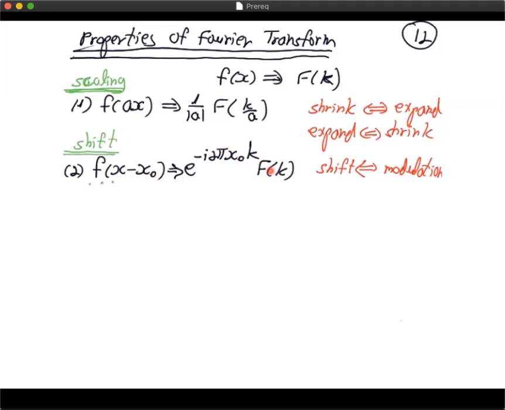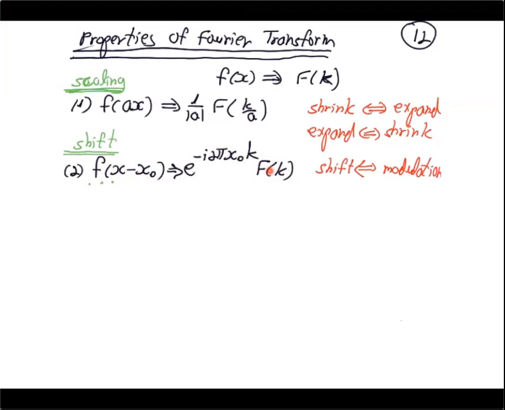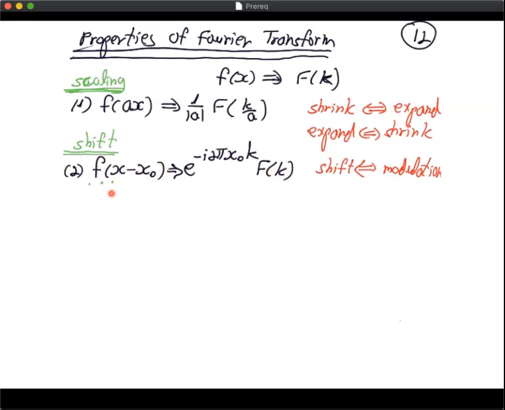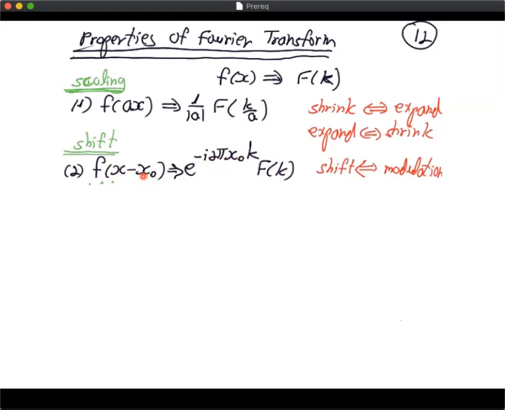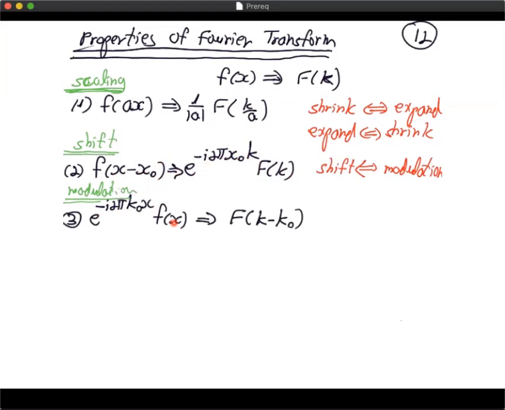And vice versa, if I have a shift in the frequency domain, then it would be modulation in the time domain. So any shift would result in some multiplication by a complex exponential corresponding to a frequency, that is how much you shift. If you shift by a lot, the modulation would be with a higher frequency. So modulation would result in a shift of the other domain. So complete symmetry between the two.